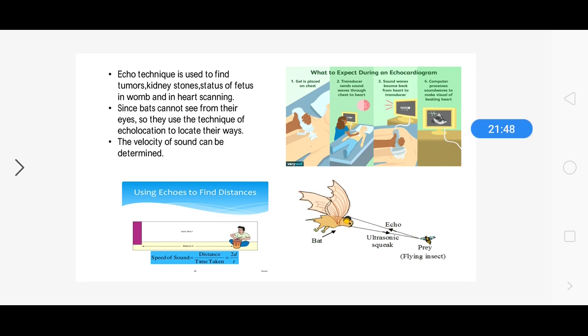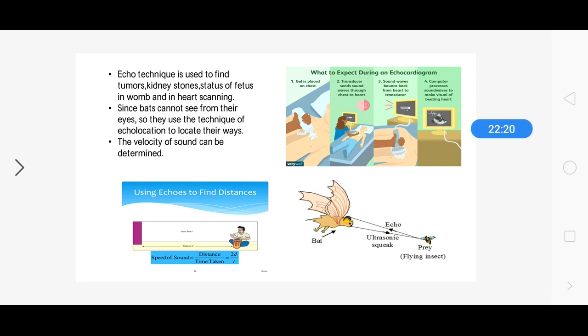They produce ultrasonic waves, and by the reflection from obstacles they move at night. The bats can move in the night time by using the echoes and ultrasonic waves. The velocity of sound also can be determined.